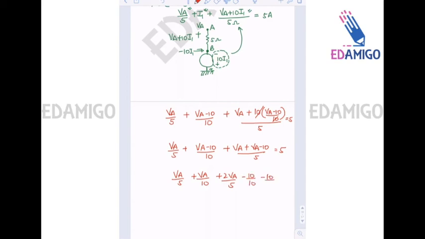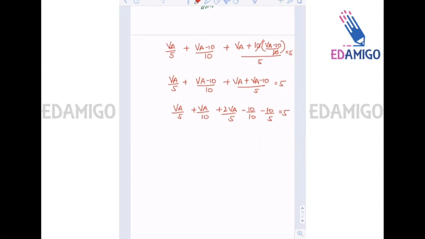Simply I'm solving the equation. By solving this, if we take 10 as common, we get 2VA plus VA plus 4VA is equal to 8. So we can say that VA is equal to 80 divided by 7, that is 11.42 volts.